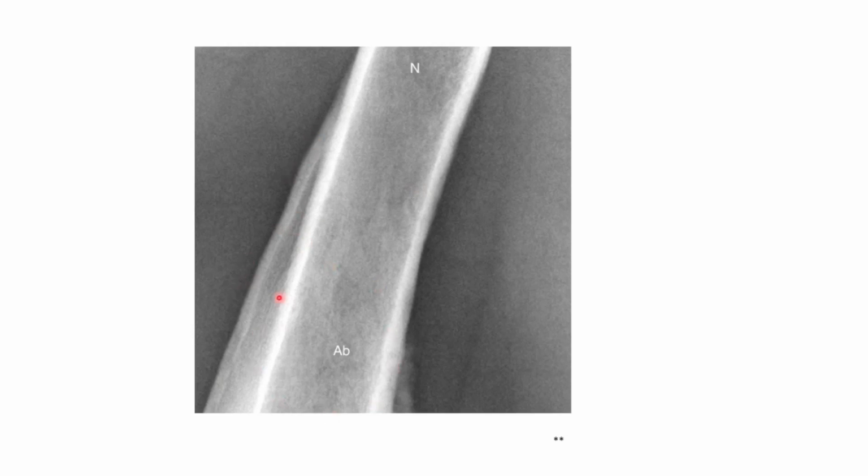Even though it's smooth, it is accompanied by this area of moth-eaten lysis at the level of the mid-diaphysis. The fact that we've got lysis and a periosteal reaction means that this is more likely to be an aggressive lesion. And this patient, unfortunately, went on to be diagnosed with an osteosarcoma.